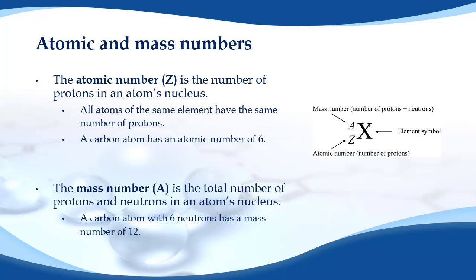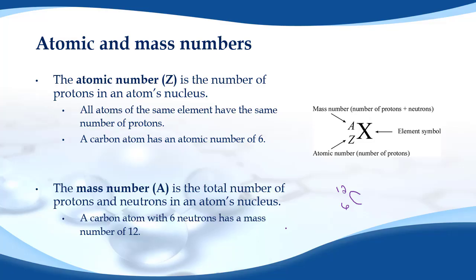If I say carbon, all carbon atoms have 6 protons, so I don't need to tell you that. So for our carbon over here, we have C as our element, 6 protons, and with 6 neutrons gives us a mass number of 12. So that's our symbol for this carbon atom.